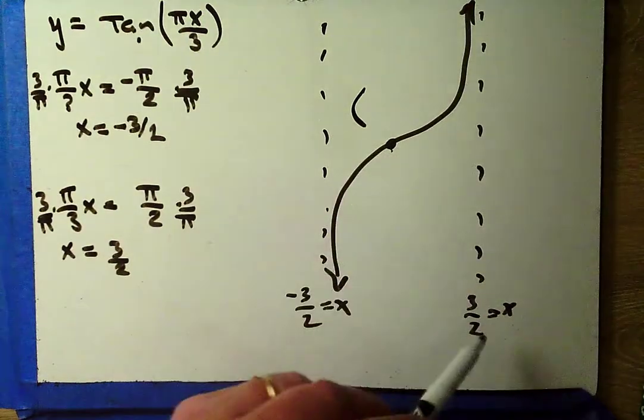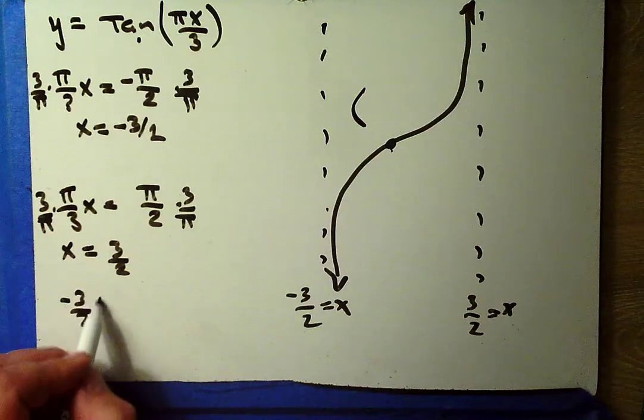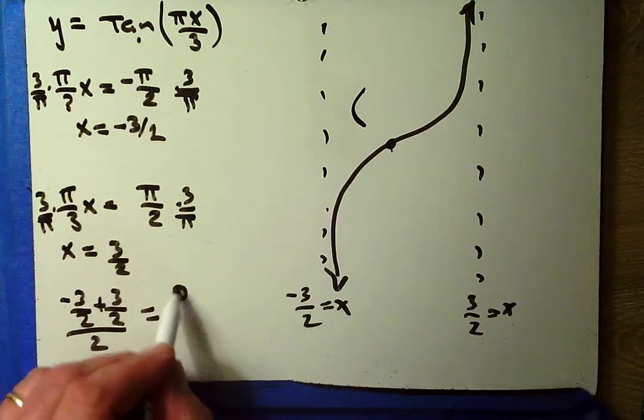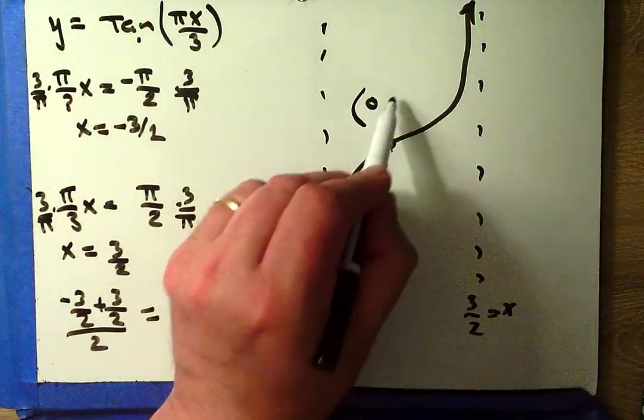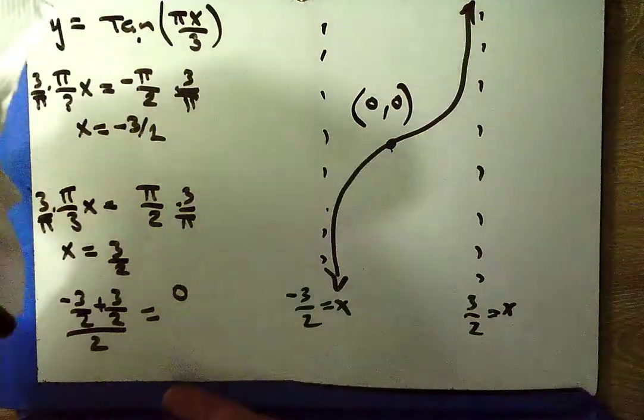This x coordinate is halfway between these two. Well, halfway between negative 3/2 and positive 3/2 is 0. So this is just 0, 0. All right, that's my graph. That was number 5.